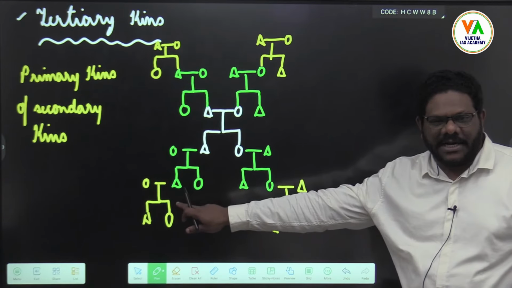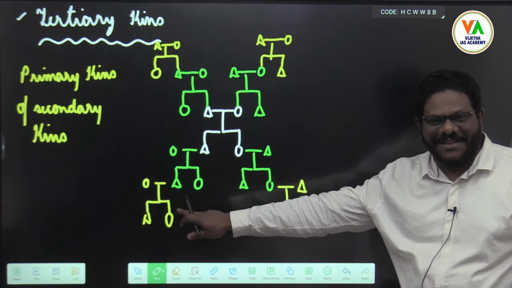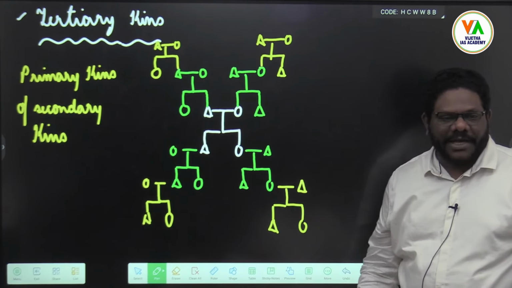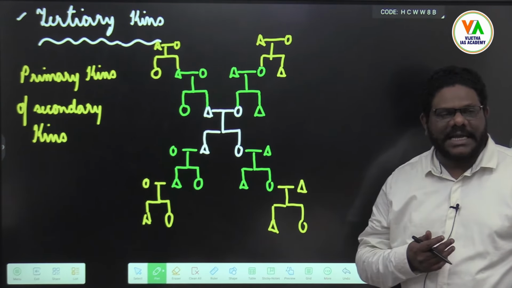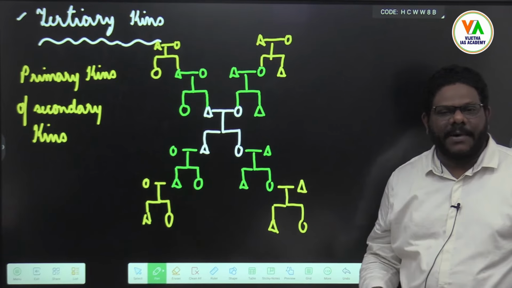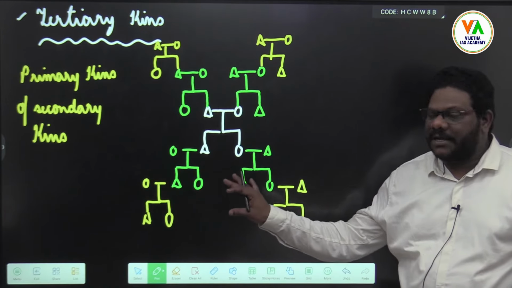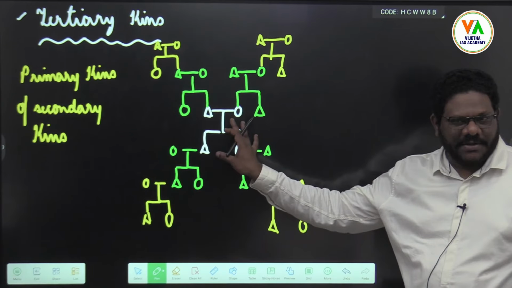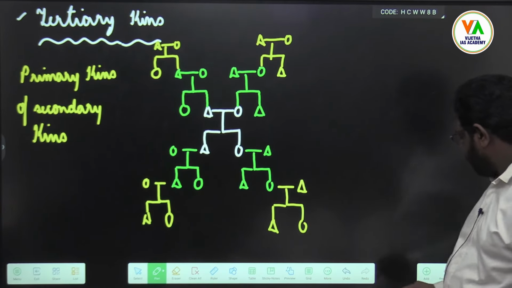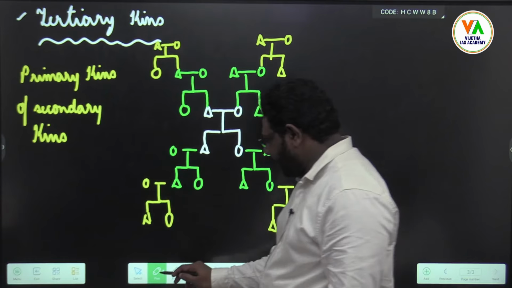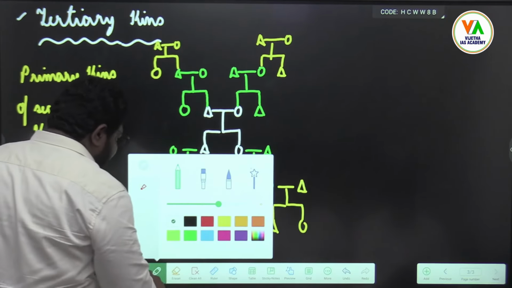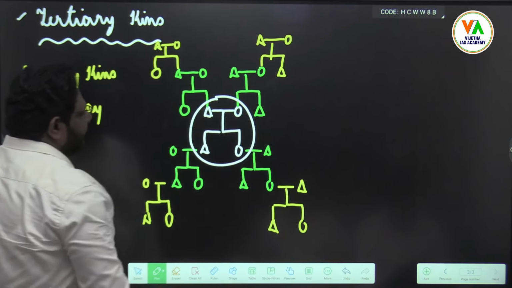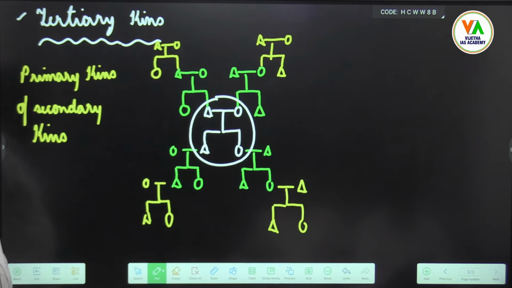Once your children get married, the concept keeps changing with respect to time. So we can only define primary, secondary and tertiary kins by keeping one family as constant, and this white family we have kept as constant. You get my point?